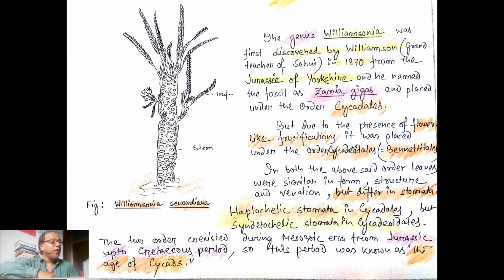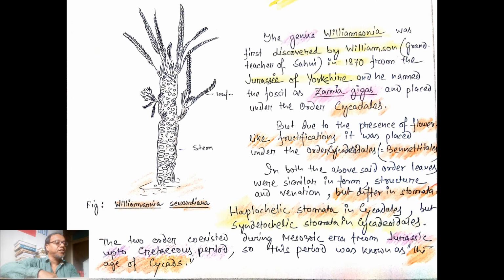Okay. The genus Williamsonia was first discovered by Williamson in the year 1870 from the Jurassic of Yorkshire, and he named the fossil Zamia gigas and placed it under the order Cycadales. Who was Williamson?